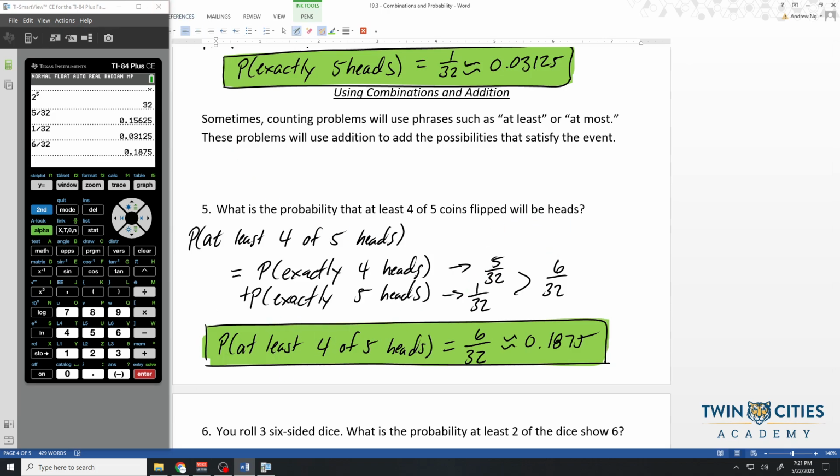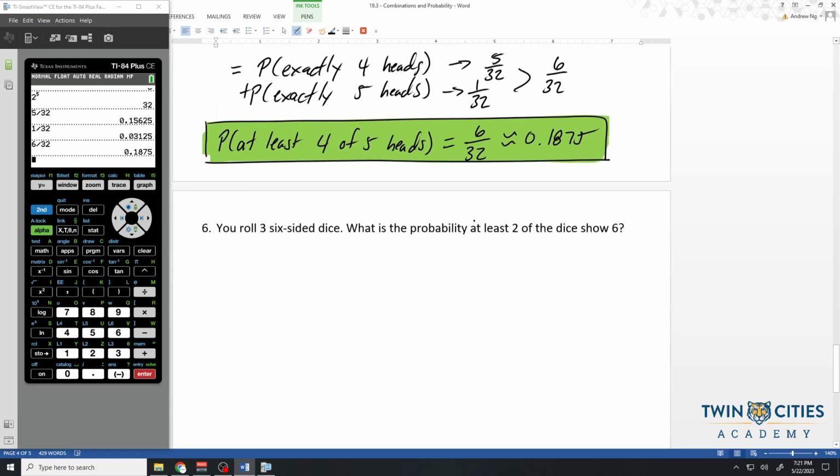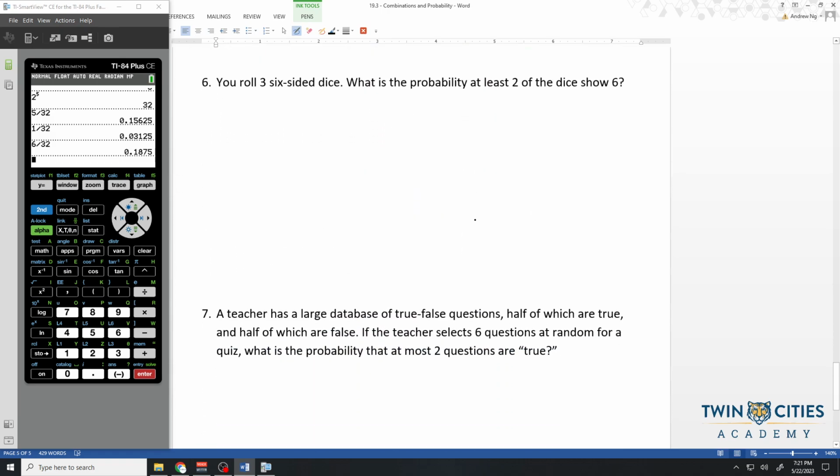I've got 2 more problems here. You roll 3 6-sided dice. We're going to assume these are fair, evenly weighted dice. What is the probability of at least 2 of the dice showing 6? So we want 2 parts here. We want probability here.